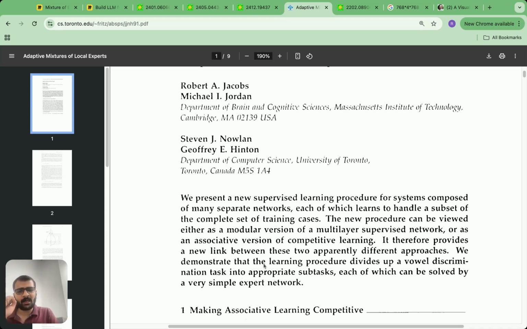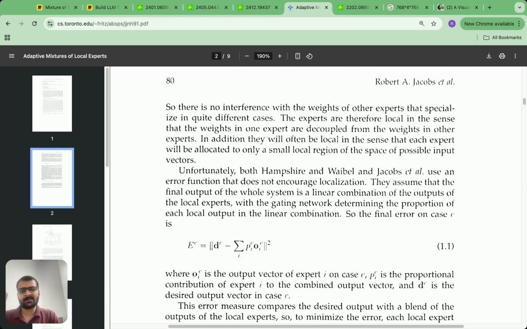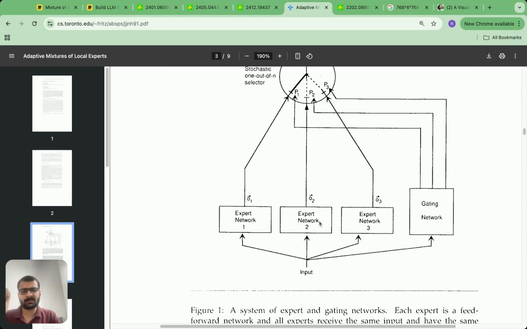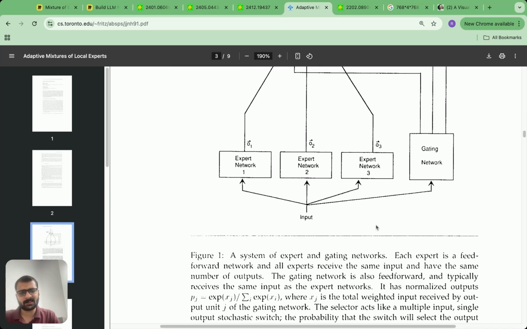We demonstrate that the learning procedure divides up a vowel discrimination task into appropriate subtasks, each of which can be solved by a very simple expert network. So if you have a complex task, it is divided into subtasks, and each of these subtasks is performed by a separate neural network, right? We don't need one giant network. It's split into multiple smaller networks, and each of these expert networks does a specific task.